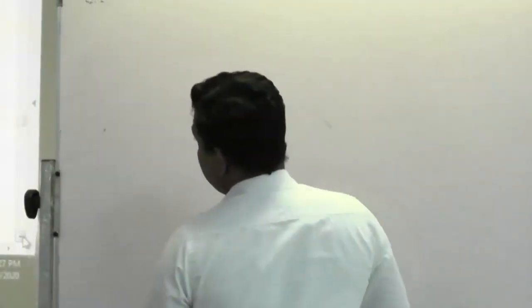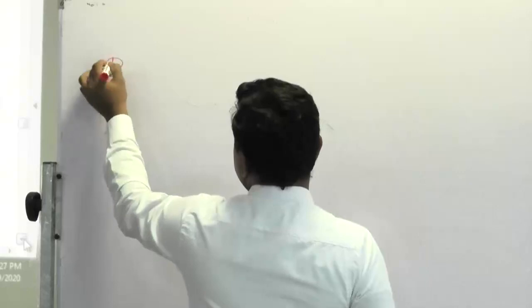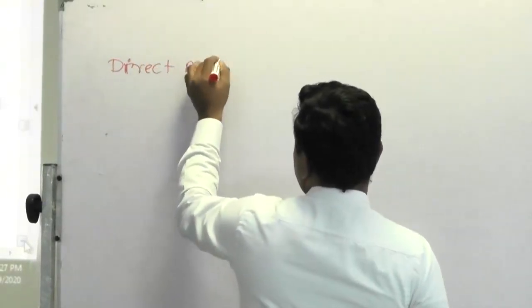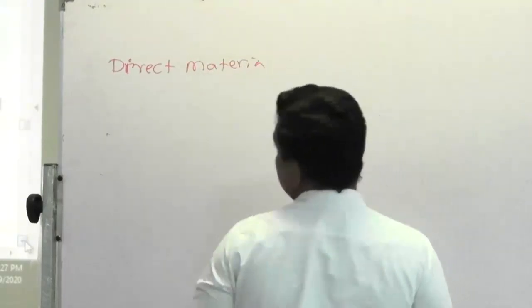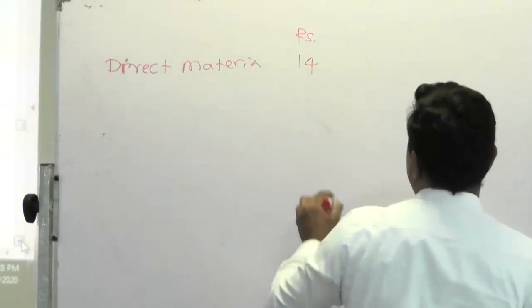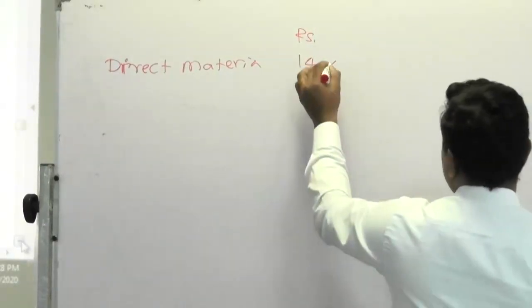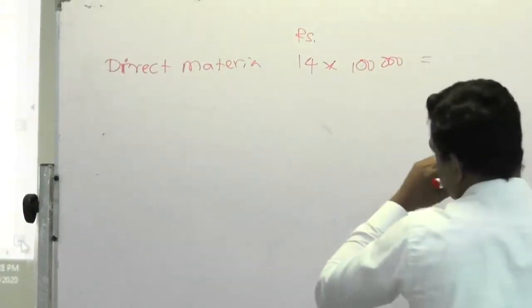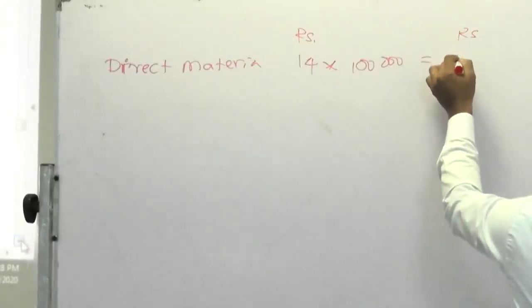Right, according to the information they have mentioned, direct material you require 14 rupees per unit. Therefore, to produce 100,000 units, you need 14 lakhs, that is 1.4 million.